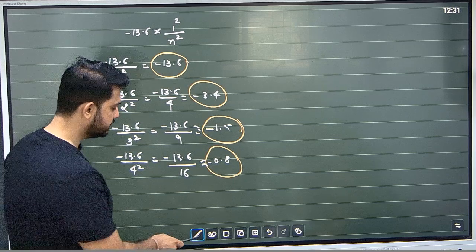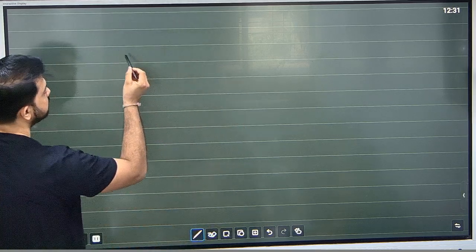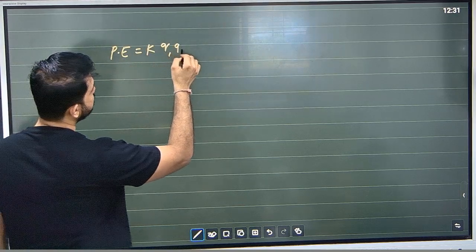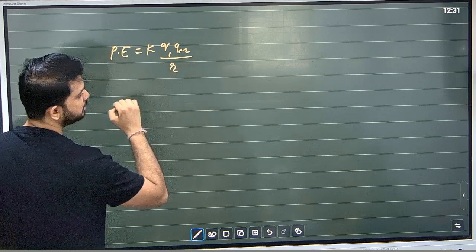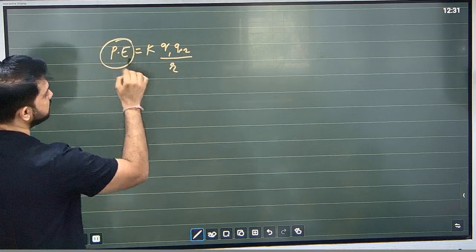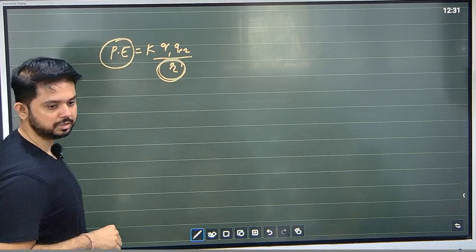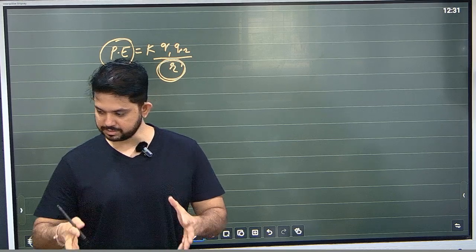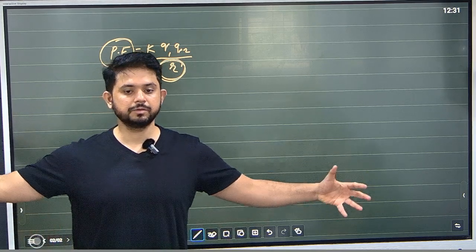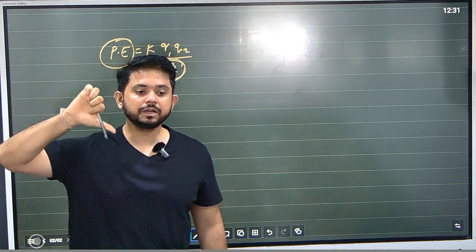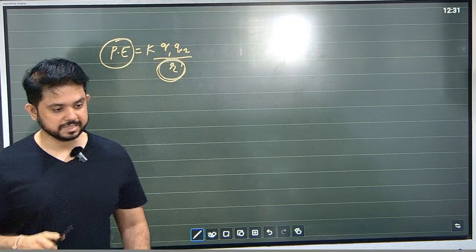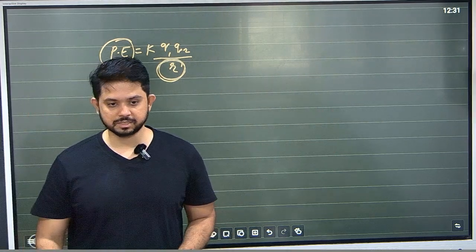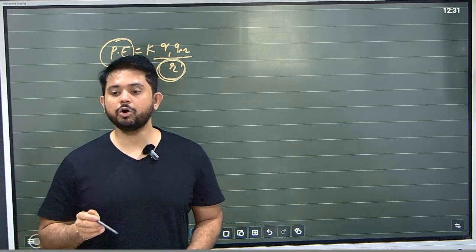And this can also be seen in various different ways. Potential energy का formula होता है K Q1 Q2 upon R. Potential energy is inversely proportional to r. As the radius of the atom will increase, potential energy will keep on decreasing, which means as the electron will start moving further from the nucleus, the energy will go on decreasing.